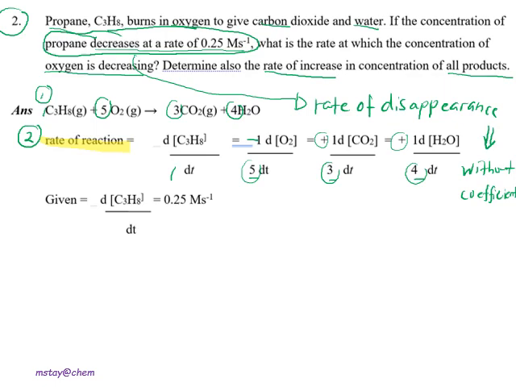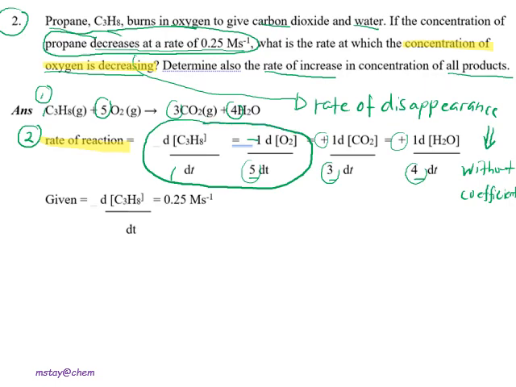Okay, we haven't started to answer the question yet. Like we mentioned just now, we need to determine the rate of the concentration for the oxygen that is decreasing. So when we want to do this, it means we are going to compare these two, propane with the oxygen.